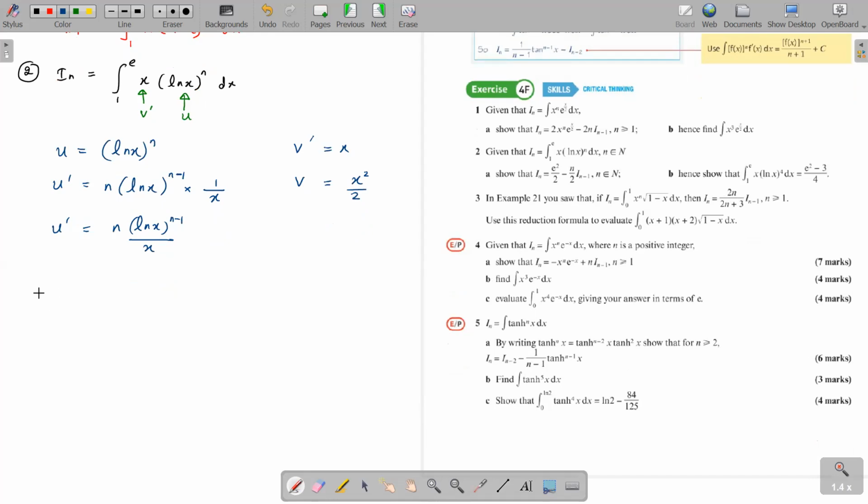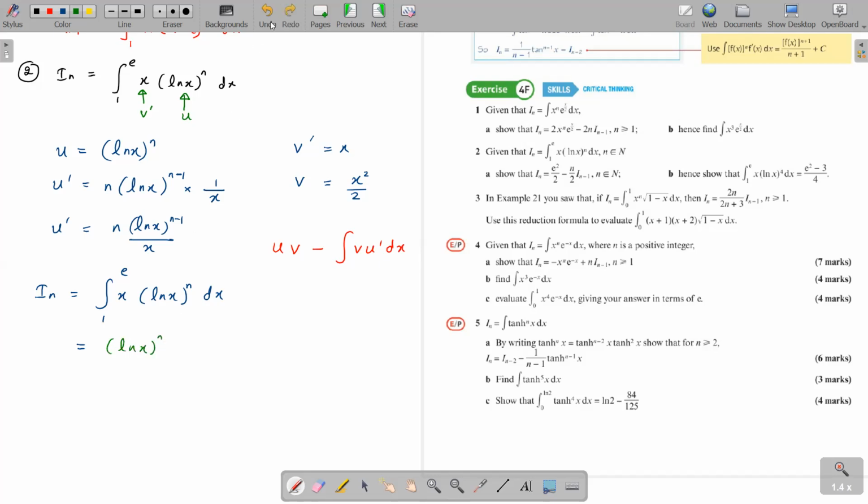So in the integration of x times ln x to the power n, what's the rule we use? uv minus vu dash, isn't it? The rule we use is uv minus integration vu dash. Okay, let's input the values. U. Who is u?